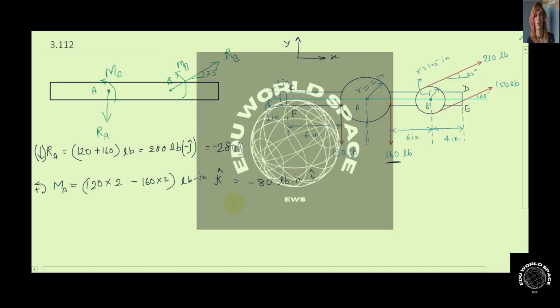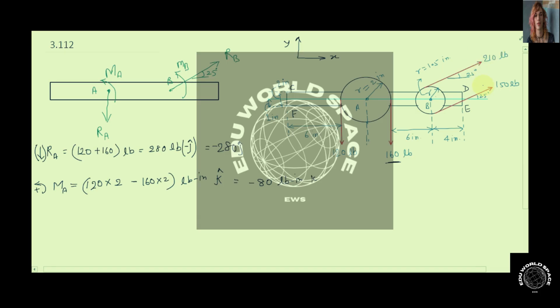k cap. Now talking about the equivalent force acting at point B, since nothing is mentioned here, we can resolve these forces individually in i cap and j cap components. These two forces are already parallel to each other and making an angle of 25 degrees with the horizontal.